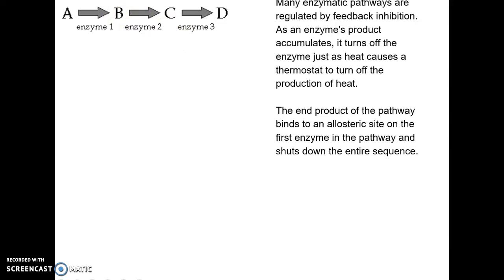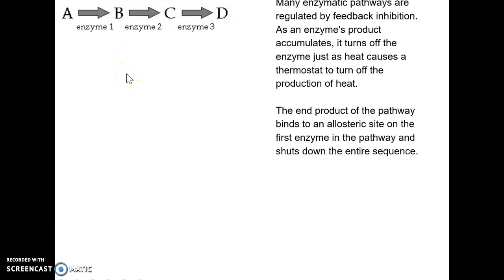So think about this biosynthetic pathway where B is the product of enzyme 1 and is the substrate for enzyme 2. And C is the product of enzyme 2 but is the substrate for enzyme 3. If we inhibited enzyme 2, there would be no C, no D, and a buildup of B.